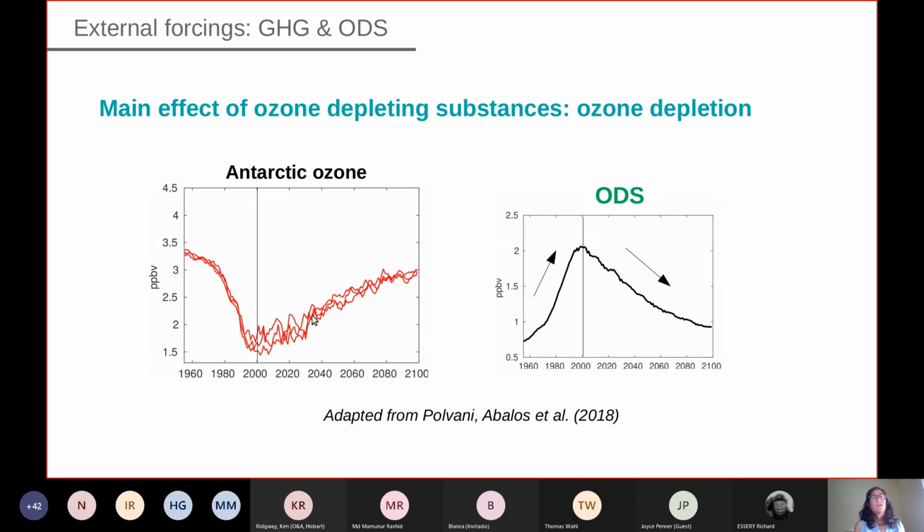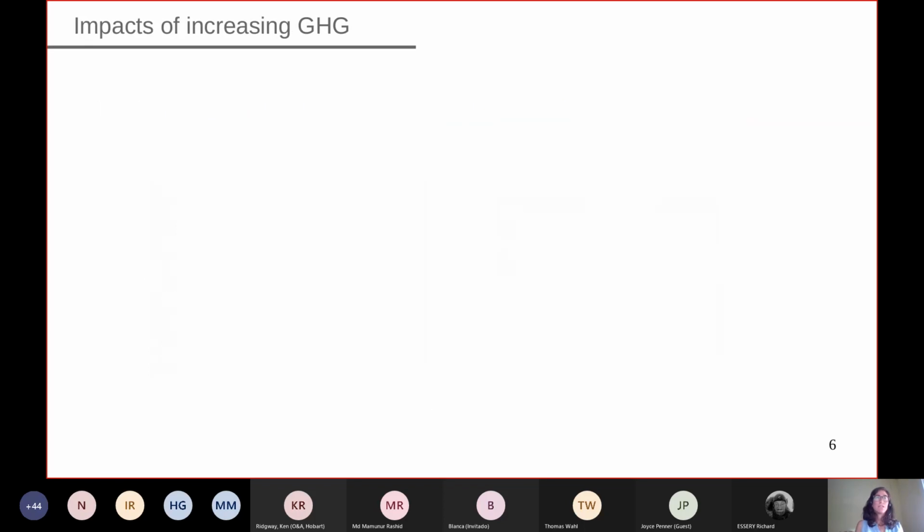And then the recovery of the ozone layer, which we are already starting to see. These are model simulations, but the observations are already corroborating this recovery.